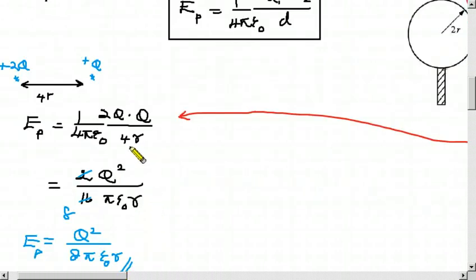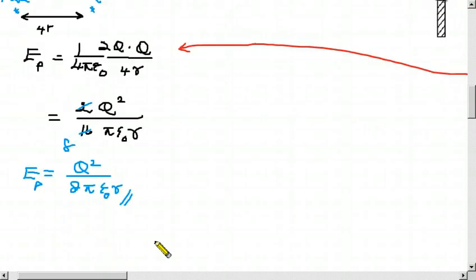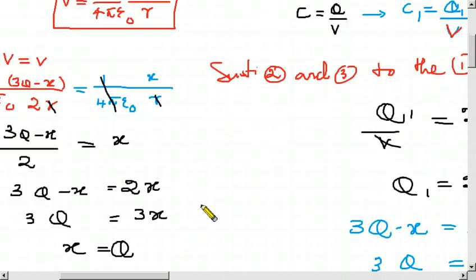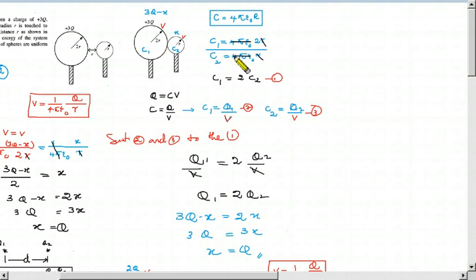So like this we substitute 4R for the distance and follow these steps as previously, so we get the same answer. So that is the second method that you can follow, starting from the capacitance of a sphere.